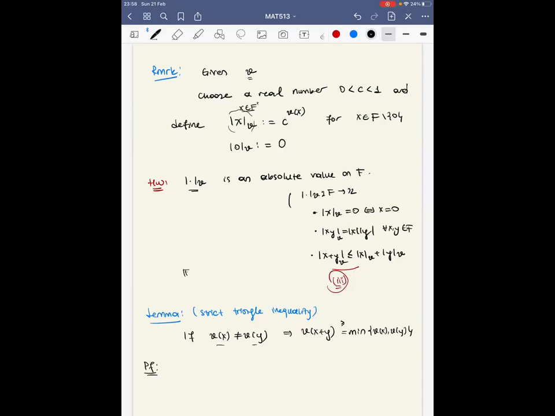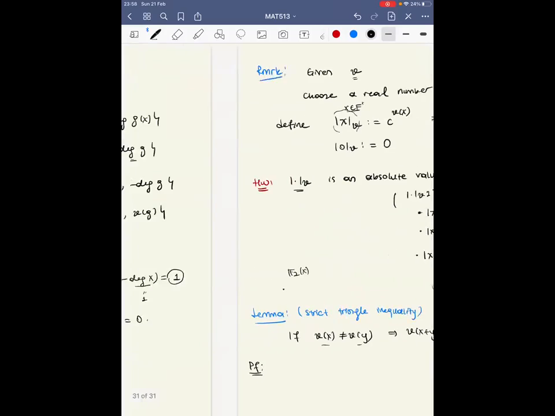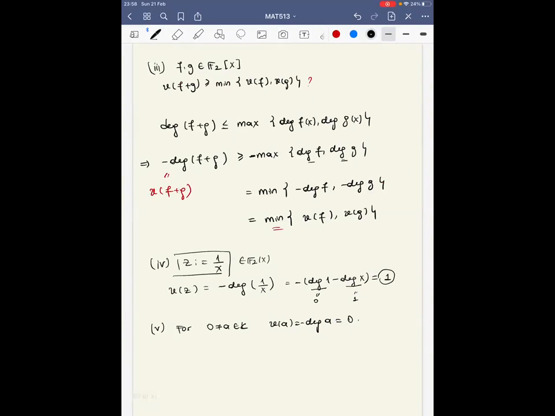For instance, in the example of the rational function fields, let me go over here. When we have two polynomials with different degrees, of course, the degree of the summation of these two polynomials will be the maximum of degree of f and degree of g.